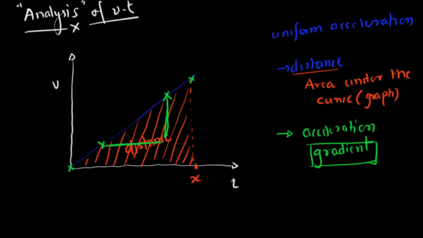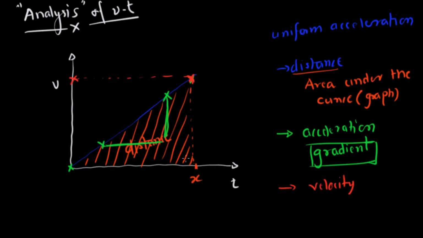The last part I would say is the velocity, and it's not a big deal. When you can read off everything from the VD graph, it's not difficult. If someone asks you what the velocity is at time x, you extrapolate it on the y-axis.